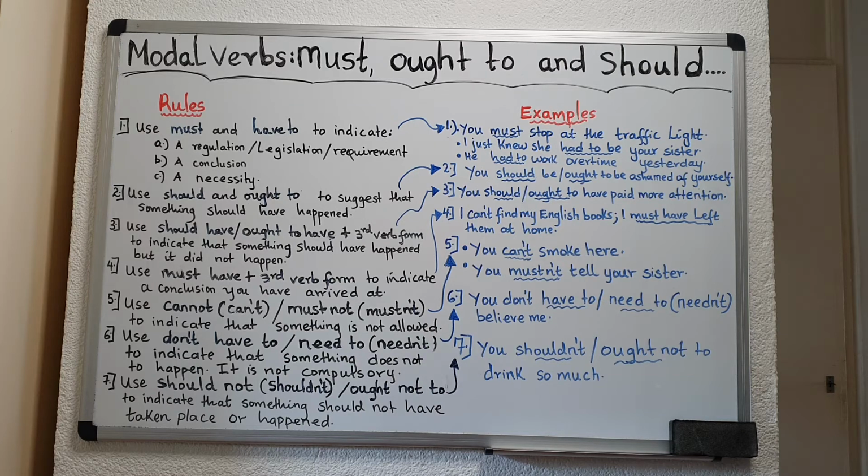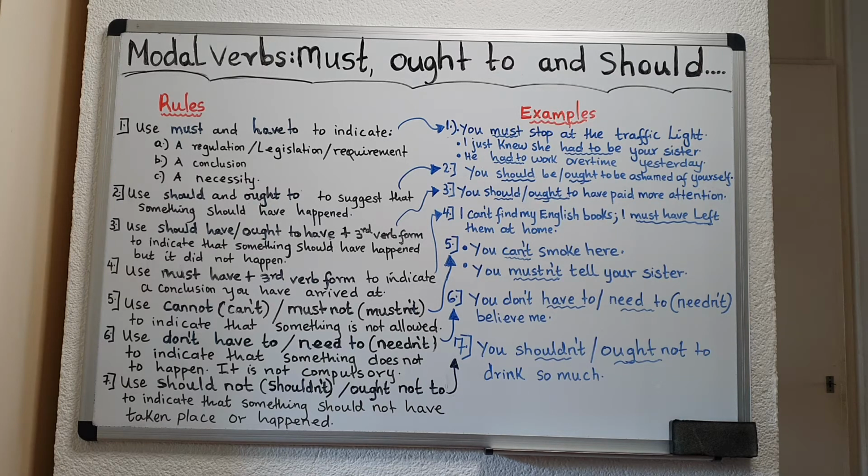So when you want to suggest that something should have happened, but it did not happen, then you should use should have or ought to have, plus the third verb form.